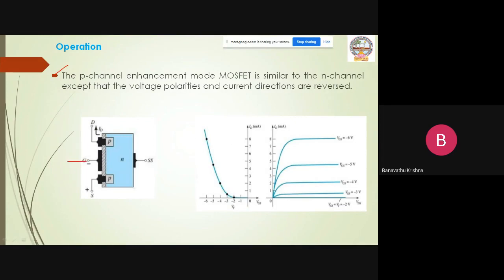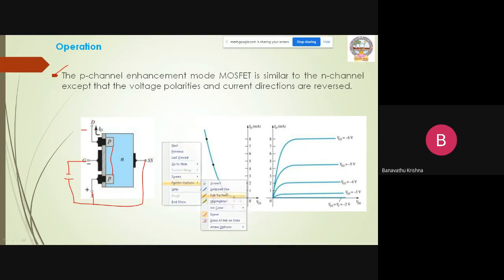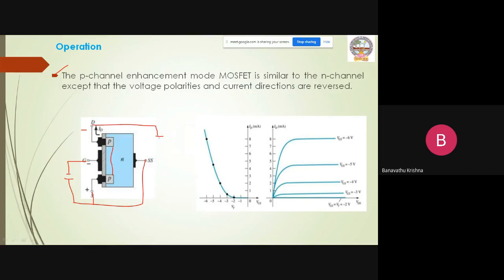Here we can apply the negative voltage with respect to source or with respect to substrate.